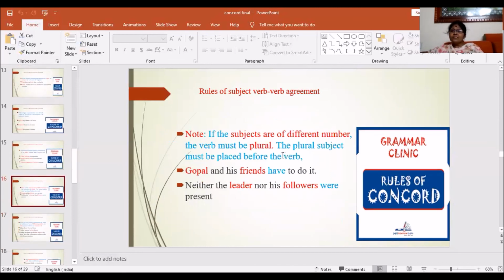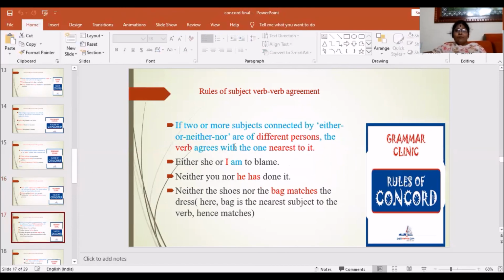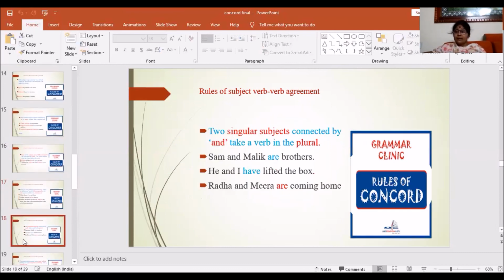Then note that if the subjects are of different number, the verb must be plural, right? The verb must be plural. Okay? Then next, if two or more subjects connected by either or neither nor are of different persons, the verb agrees with the one nearest to it, right?